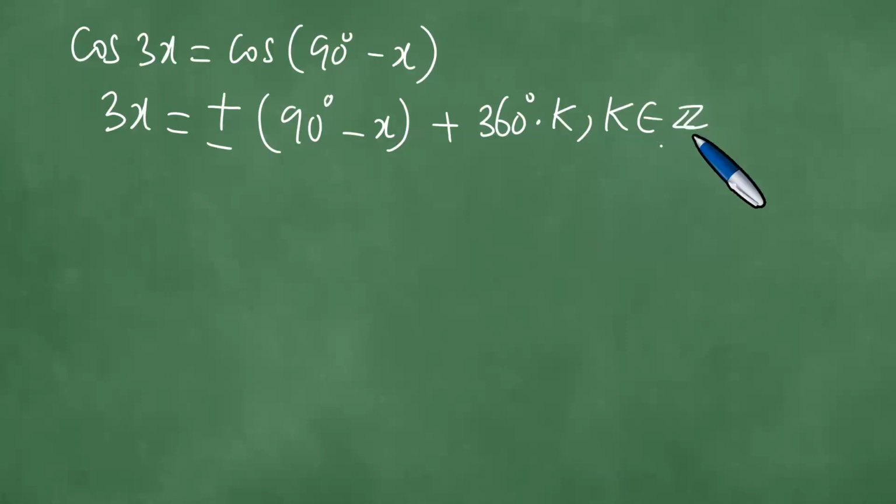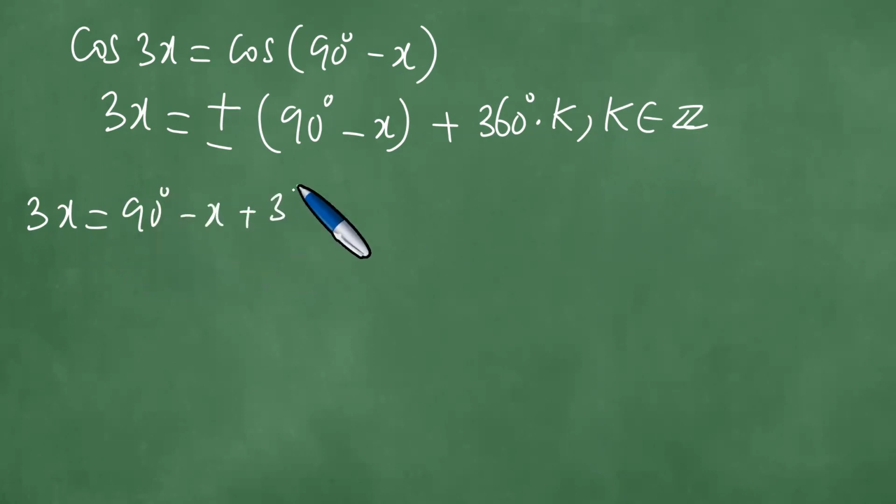So this means 3x is 90 degrees minus x plus 360 degrees by k, where k is an element of Z.